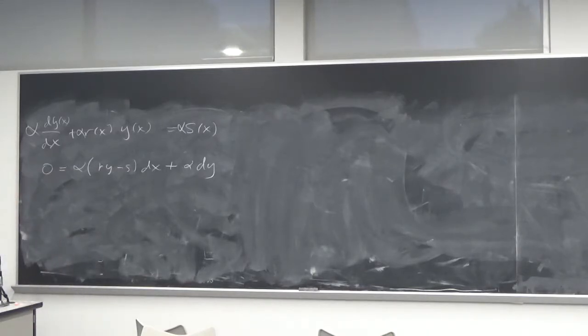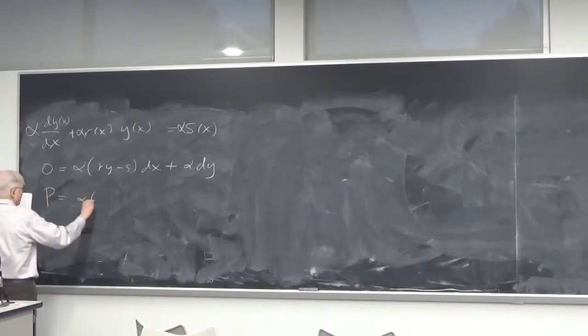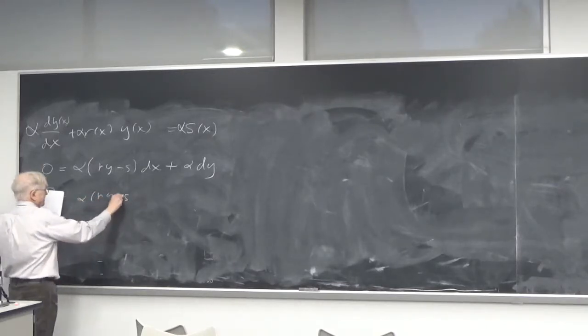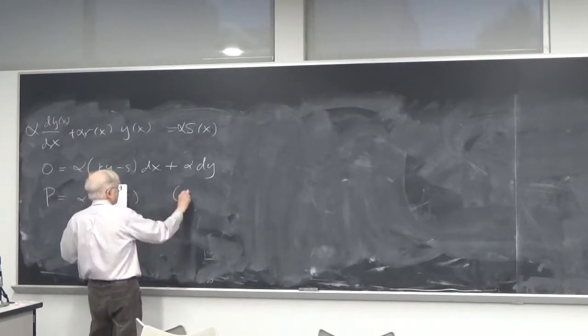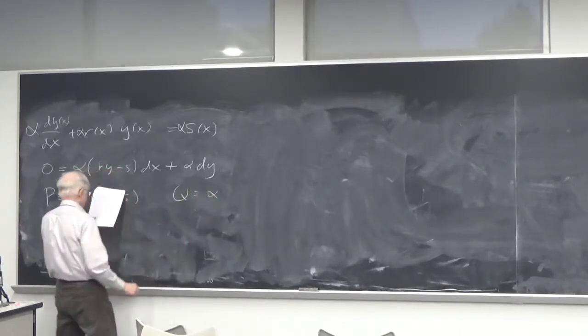So you just basically multiply the whole equation by dx, and that gives you that. So now what we do is we basically have P equal to alpha (r y minus s), and Q is equal to alpha.